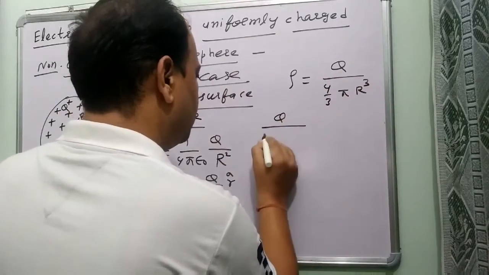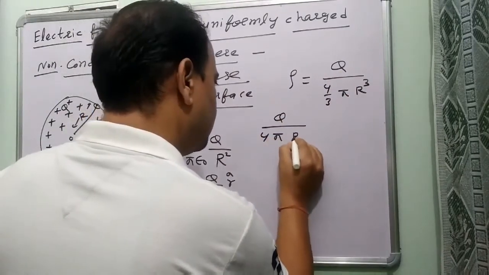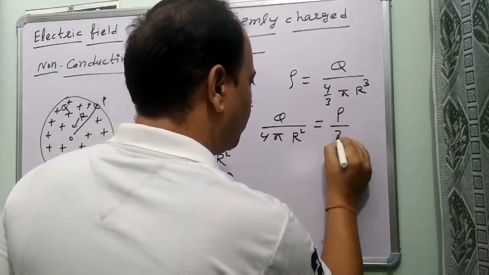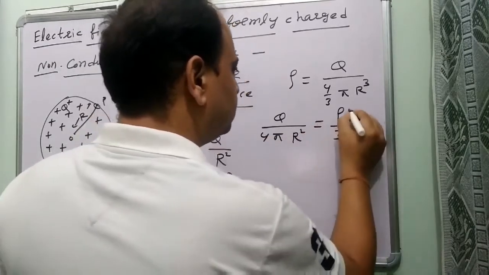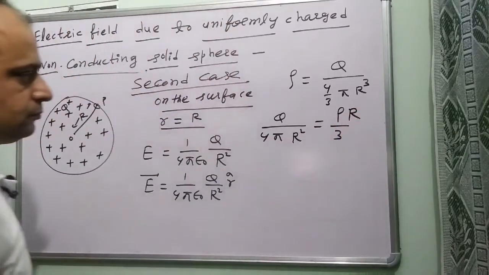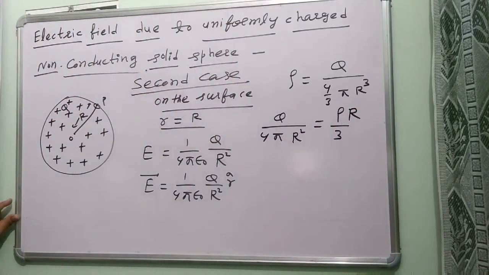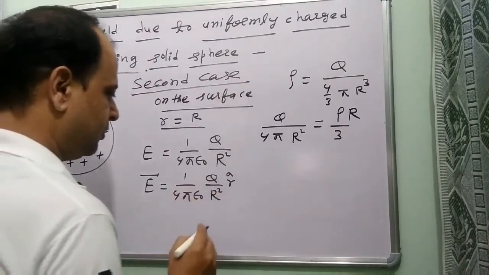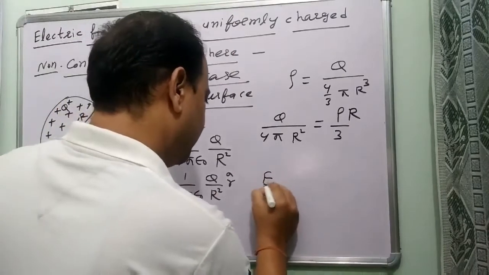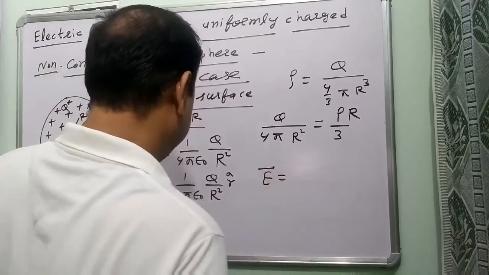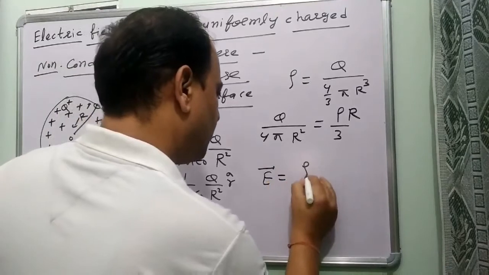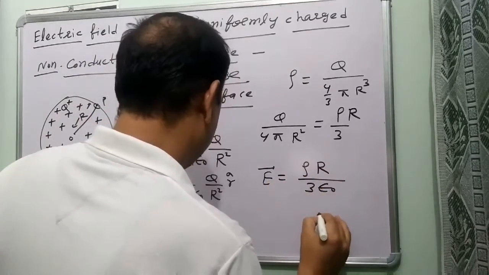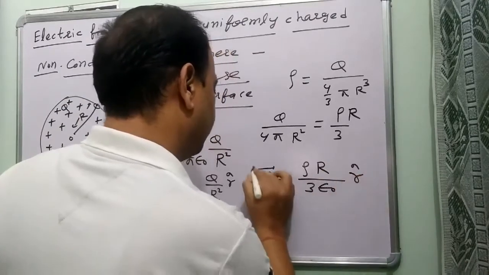We take the value of q upon 4 pi R square as rho R upon 3. This is right. Put the value of q upon 4 pi R square. Then the electric field is rho R upon 3 epsilon 0 r cap.